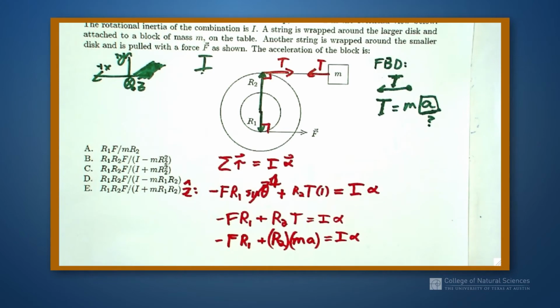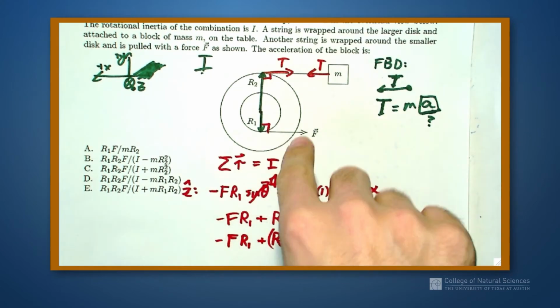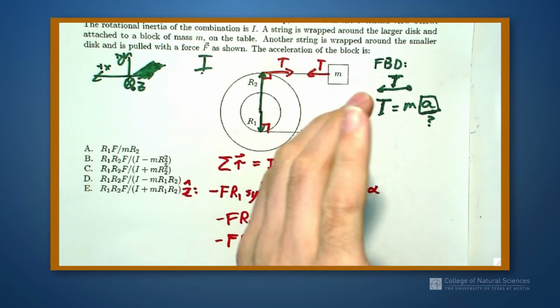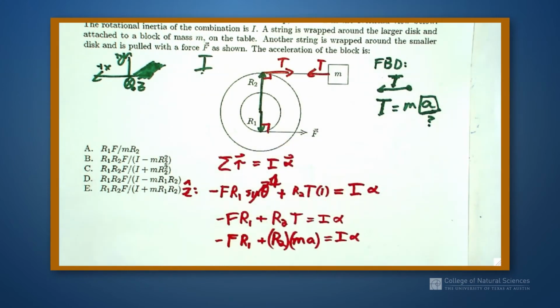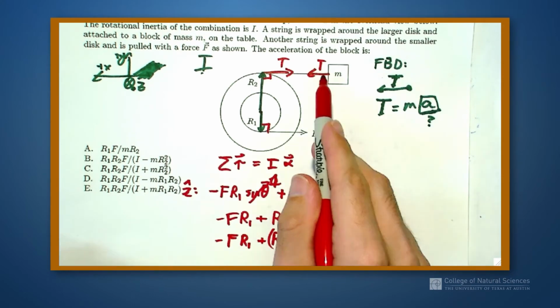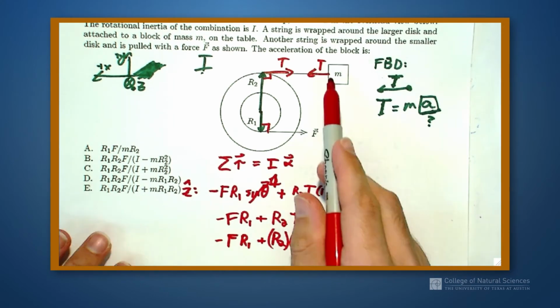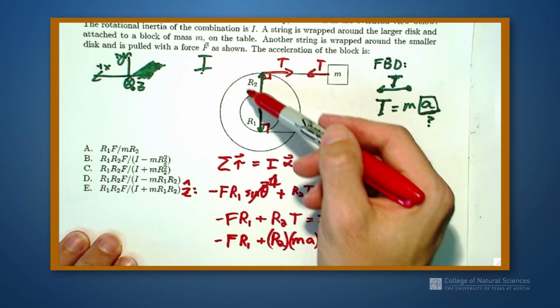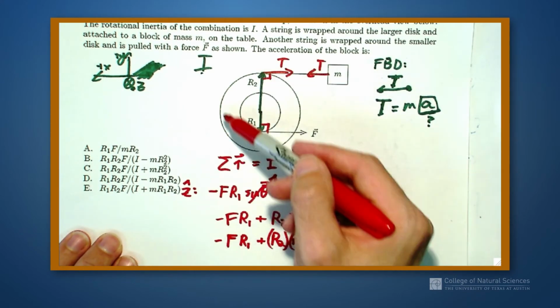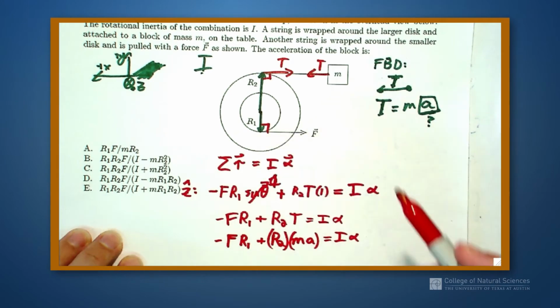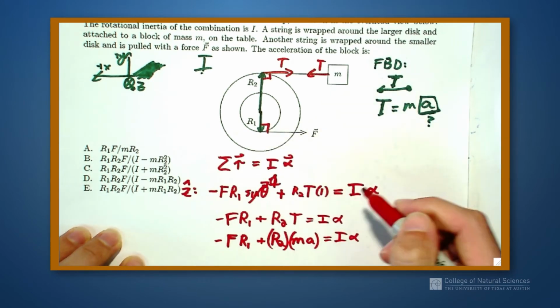Let's see, if alpha is into the page, what does that mean? If alpha's into the page, that means it's actually opposite of what my acceleration is. So if this thing starts at rest and starts to speed up, this angular acceleration is probably going to be a negative value.